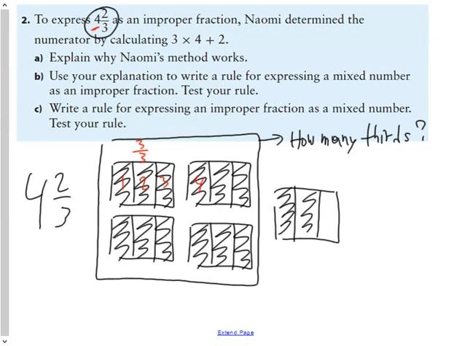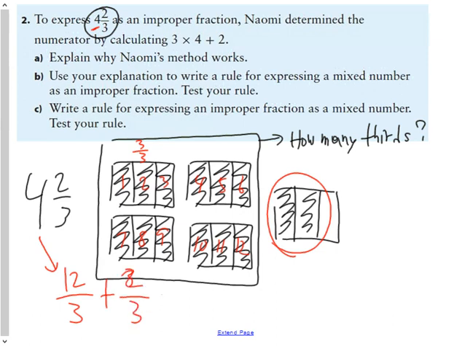There's another third here, another third here, another third here, and 7, 8, 9, 10, 11, and 12. There are 12 thirds that make up this 4. And that makes sense because 12 divided by 3 is 4. So if I thought of that as an improper fraction, that would also be 4. But I also have an additional 2/3, which means I have to add an additional 2/3 onto that to give me the answer of 14 thirds.